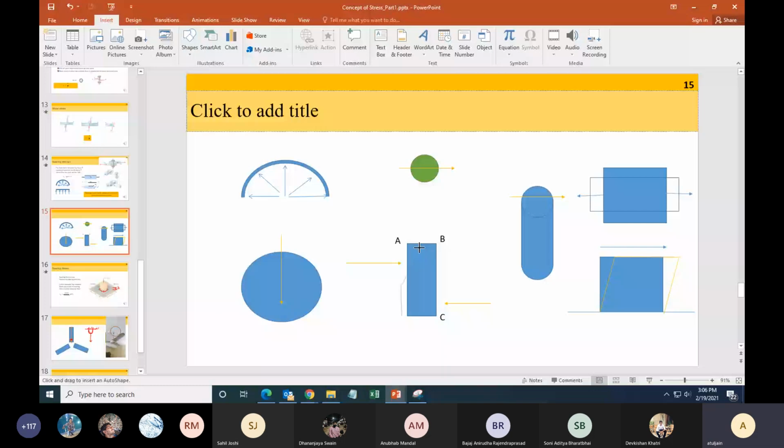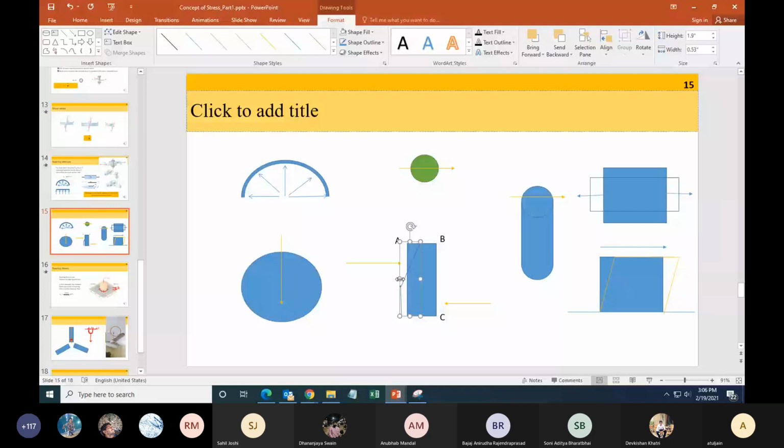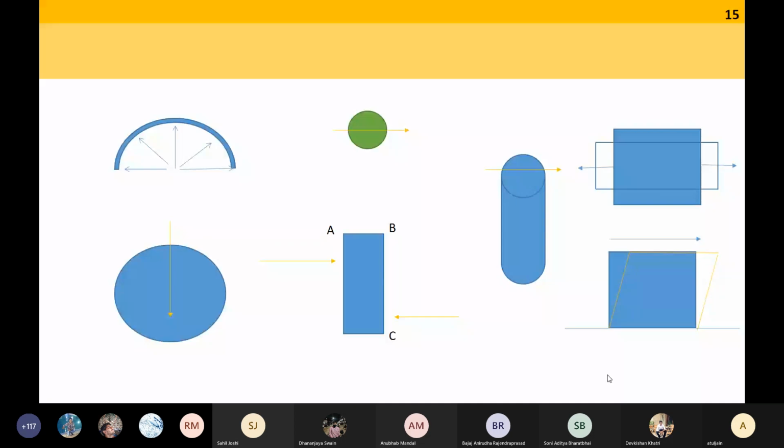Maybe the bolt will become something like this, because D will be pushed slightly to one side, A will be pushed here.